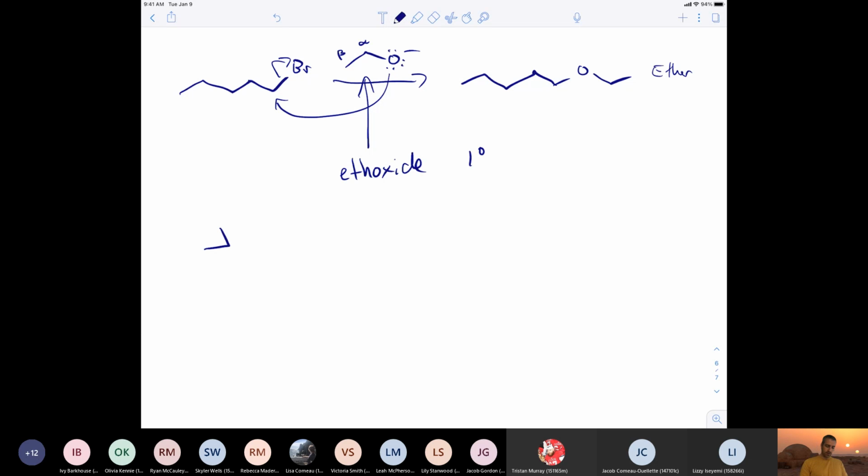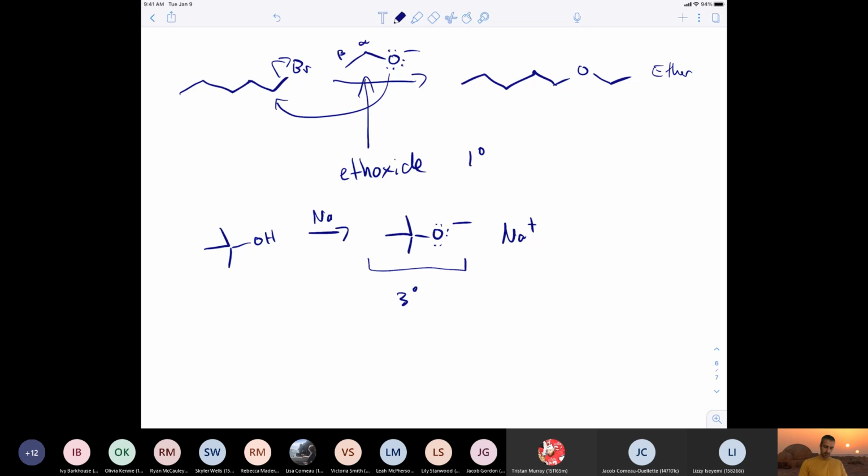If you start with a tertiary alcohol, you can make this, which we would say is a tertiary alkoxide. This is just as good of a base as ethoxide.